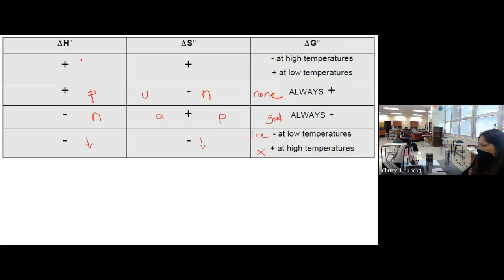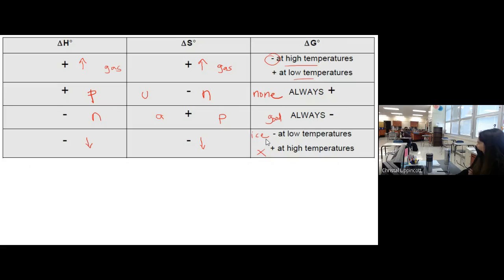And then here, if I was thinking of ice here, this is going to be high temperatures and high disorder. So this would be like my gas at this point. A gas would form here, because a gas would be at high temperatures and high disorder. And that would happen at high temperature, because remember delta G is when it happens. So a gas would form at high temperatures, but it wouldn't form at low temperatures. So that's the way I can also reason through some of this.